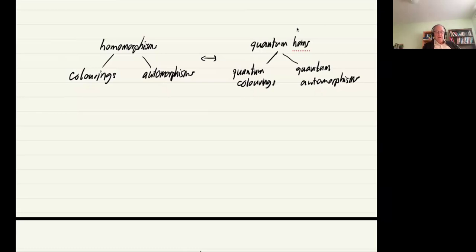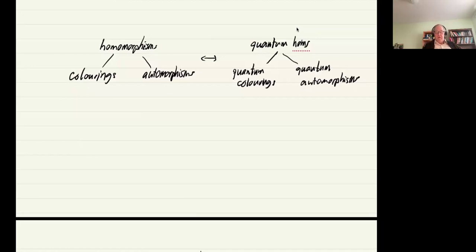So the theories fit together in a very nice way, and there's a lot more going on to make this connection look even stronger. One reason for studying homomorphisms is that they form a generalization of both colorings and automorphisms. So it's a natural thing to do, and there's a nice theory.